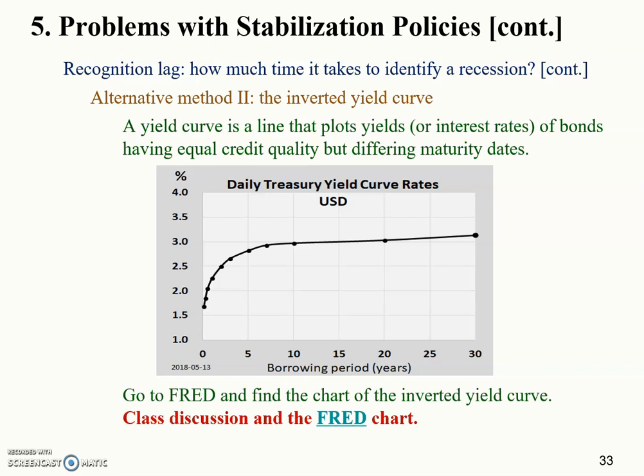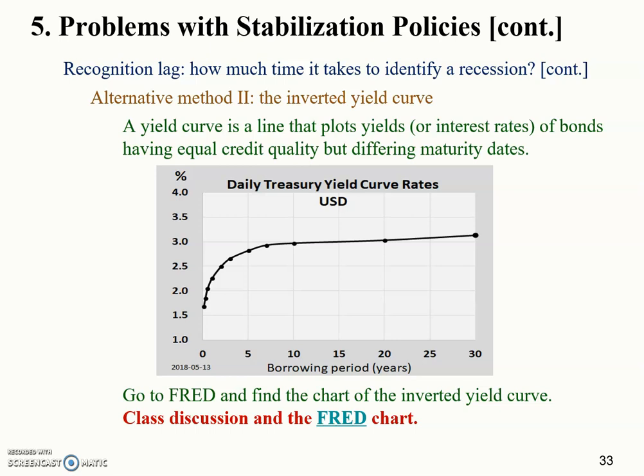So here, I would suggest you go to FRED and find the chart of the inverted yield curve. Try whatever way you can come up with and see if you can find any inverted yield curve in FRED. Then based upon the yield curve you find, do you see our economy right now is stepping into a recession or not?